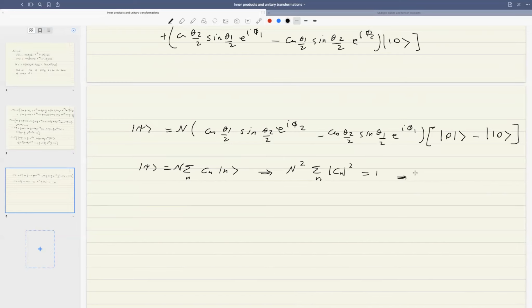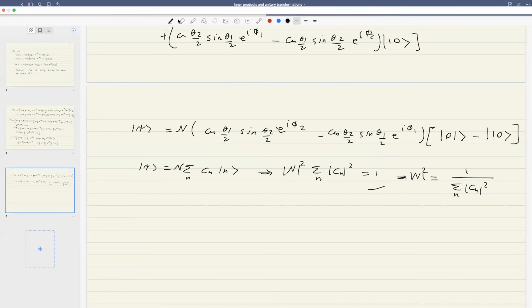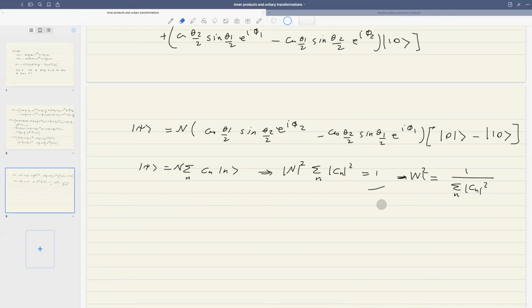So that means that n squared is 1 over this sum. And then I can say n is the square root of that. But n doesn't have to be real as long as the absolute value squared of n is equal to that. We're good.